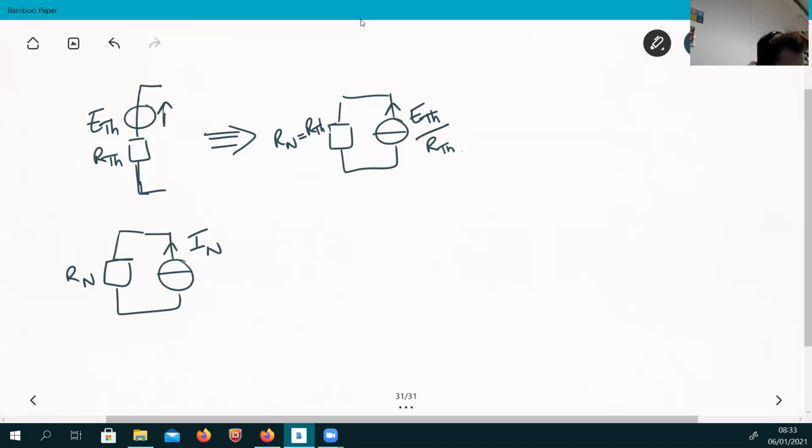You can move from one model to another model straightly and change it. So this is Rn equals RTH again, and here the voltage delivered equals to this.